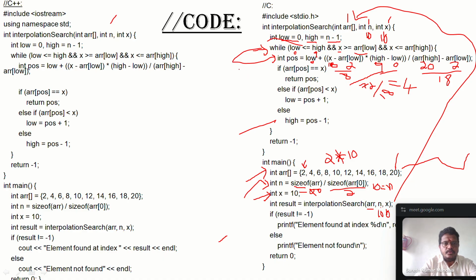That position, pos, will be stored with the number 4.